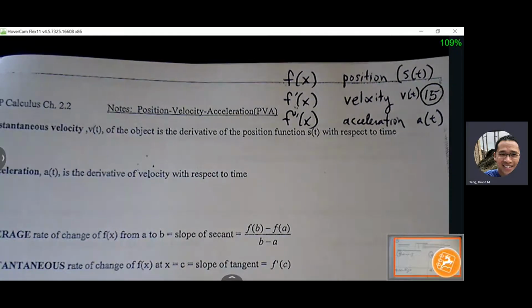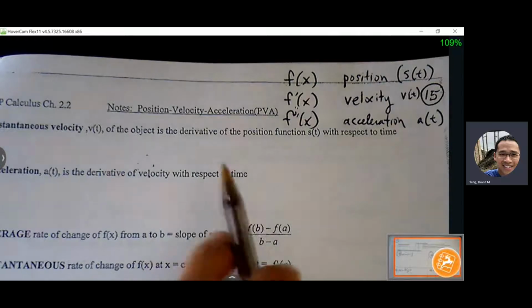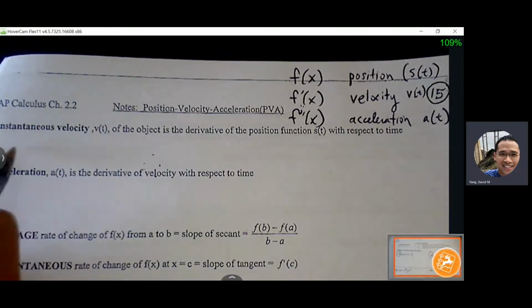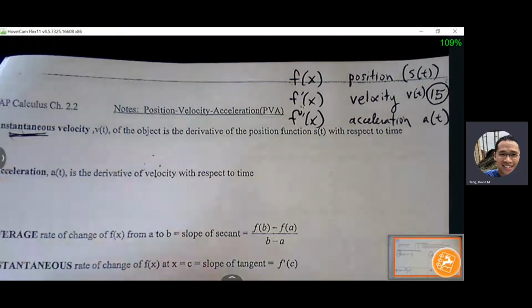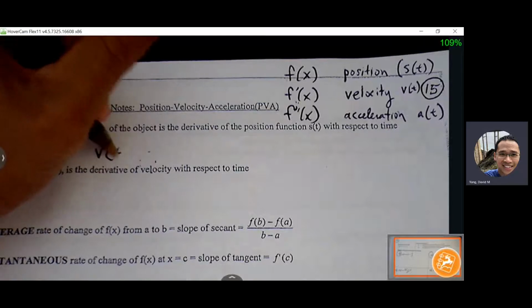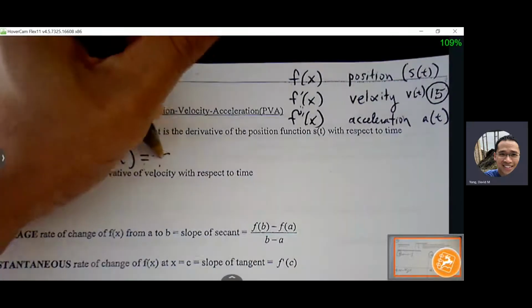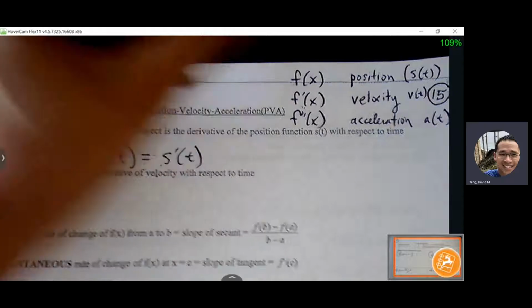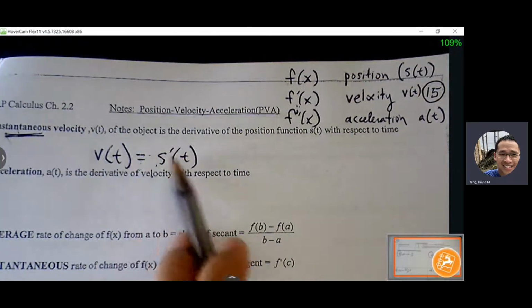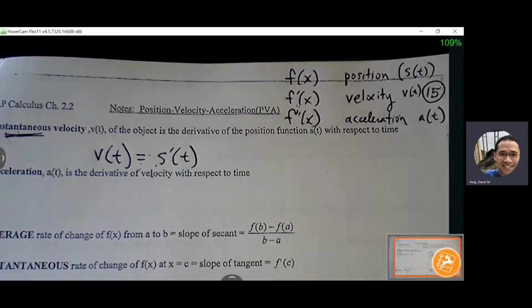So instantaneous velocity, v of t, is the derivative of a position function with respect to time. So the word instantaneous means velocity at a specific moment in time. And we use v of t to represent that, but we can also use s prime of t, right? The derivative of s of t, we can represent as s prime. So we have different ways of representing the same function, just depending on where we start and our frame of reference.